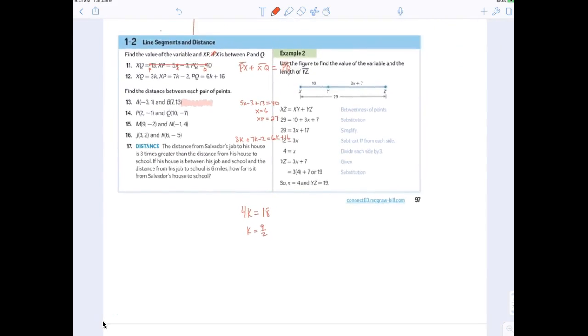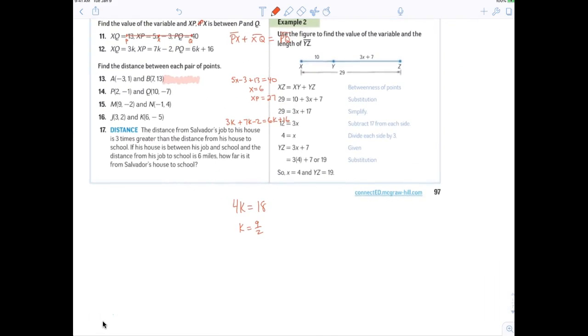If k is 9 halves, they still want XP, right? XP is the 7k minus 2.